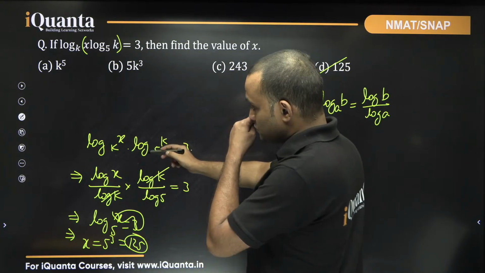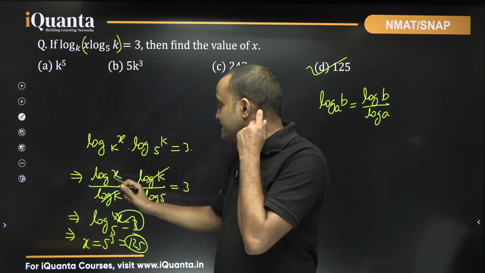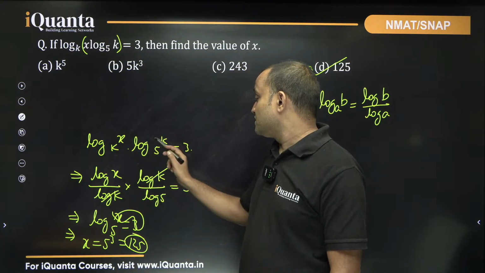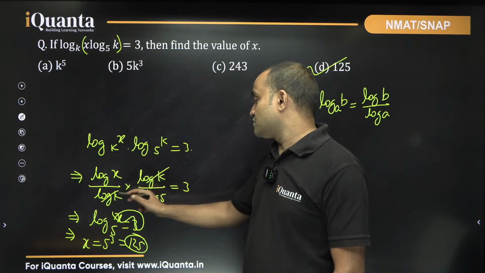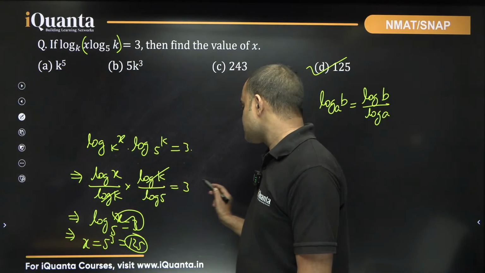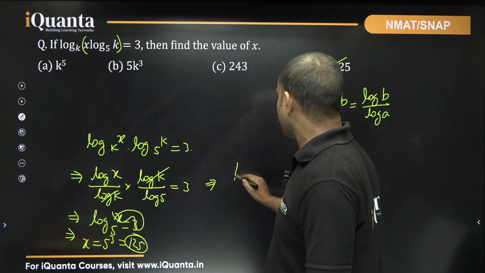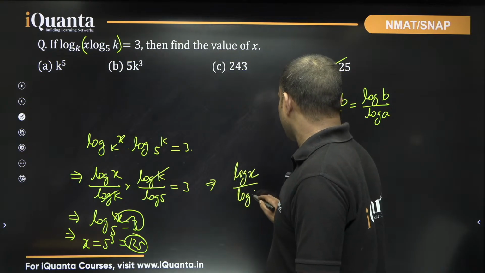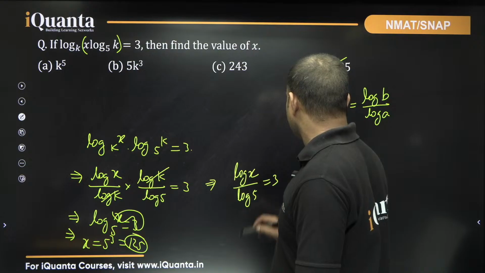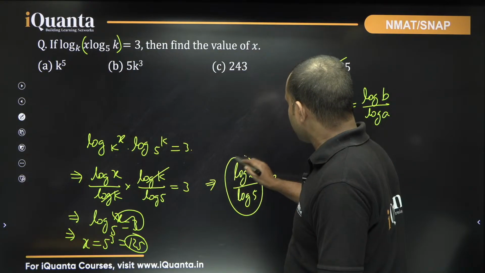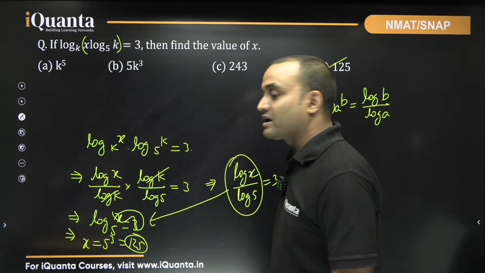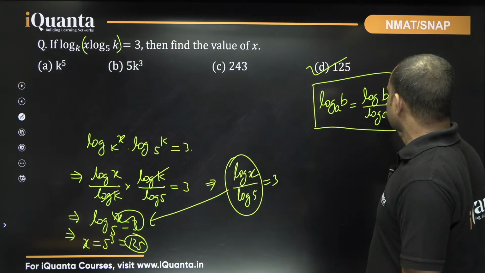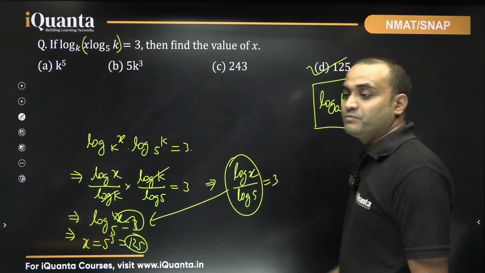This is what we have used here. Log x to the base k is log x upon log k. Then log 5 to the base k is log k upon log 5. So log k will be cancelled out. What are we getting here? We are getting log x upon log 5 is equal to 3. So this can be written as this, right? Log x to the base 5, following this, log x upon log 5 is log x to the base 5, right?